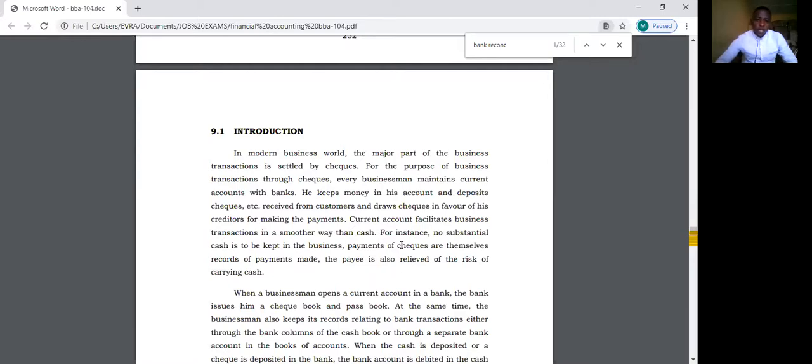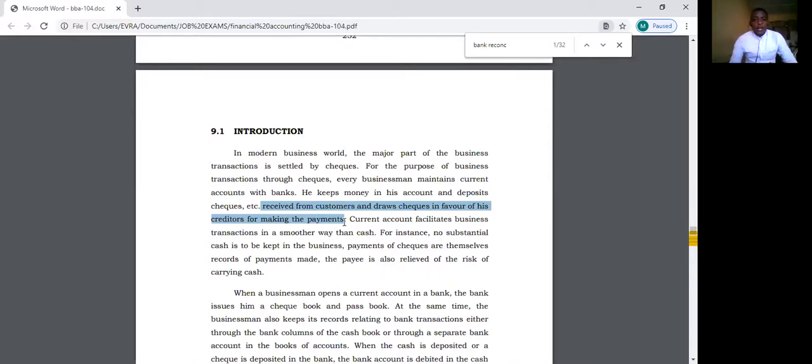He keeps money in his account and deposits checks received from customers, and draws checks in favor of his creditors for making payments. You understand? So the bank is there to give you a check and receive the check, and you as a customer are there to give a payment to the company.